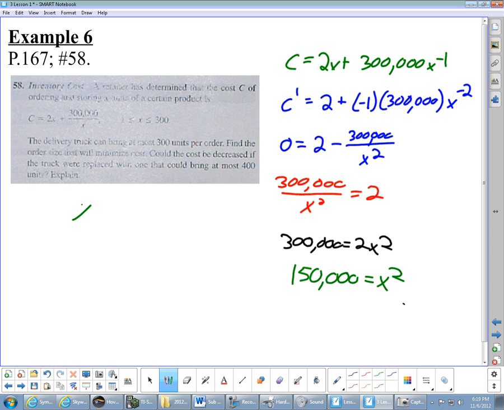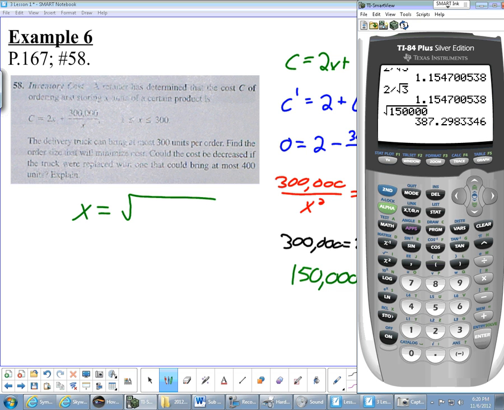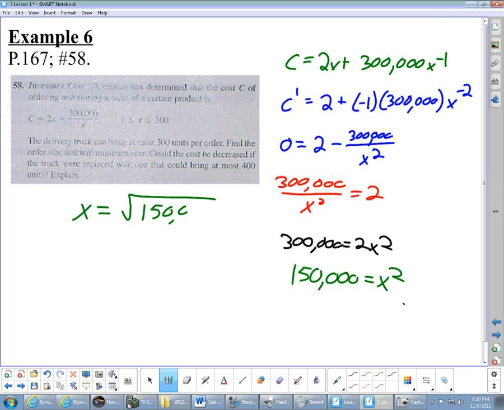And so x equals the square root, and I know it's plus or minus, but you can't have negative units. So we have the square root of 150,000. And as you will see, this is not on our interval.